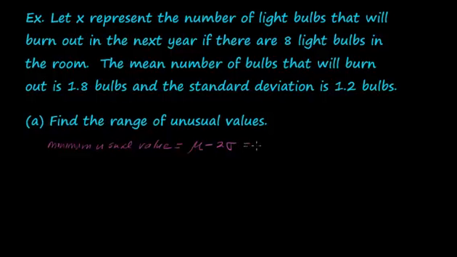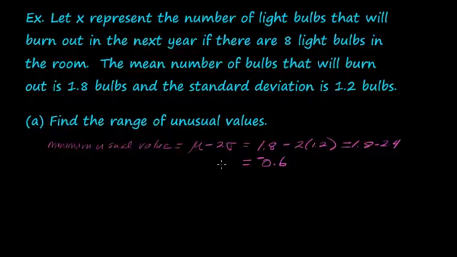In this case, the mean is 1.8 and the standard deviation is 1.2. So that would be 1.8 minus 2.4, and we actually get negative 0.6.